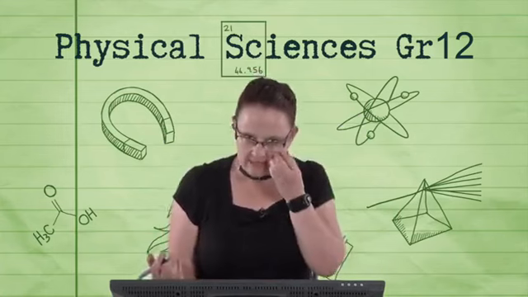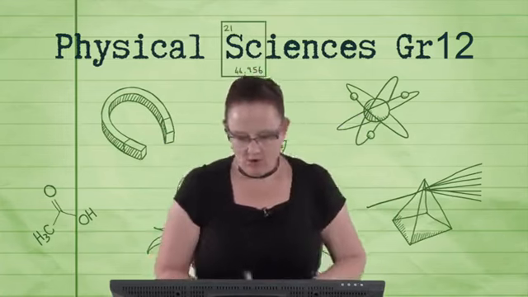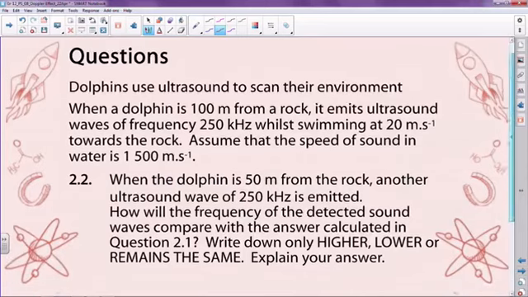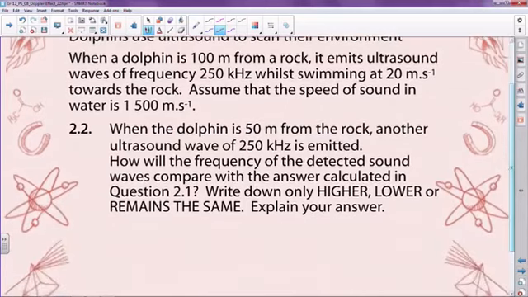It's really just about deciding where we want to go. Then they asked you, this is such an important question, when the dolphin is 50 meters from the rock, another ultrasound wave goes out, how will the frequency detected by the wave change? Now, for a lot of you, your automatic answer is going to be, it's going to increase.